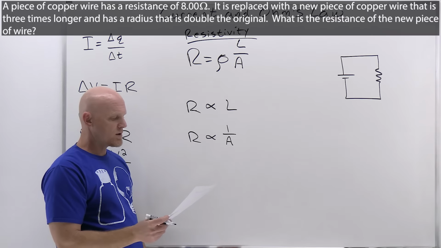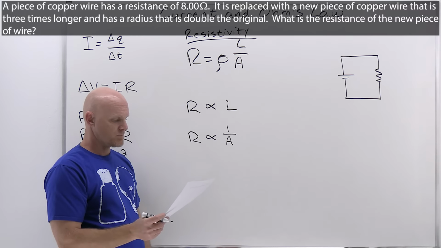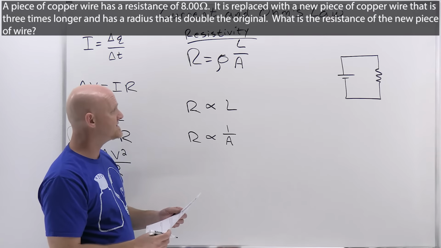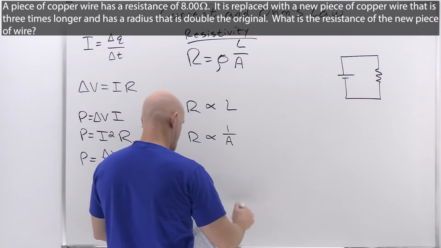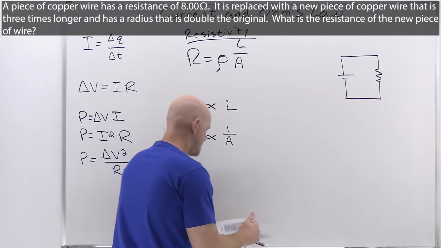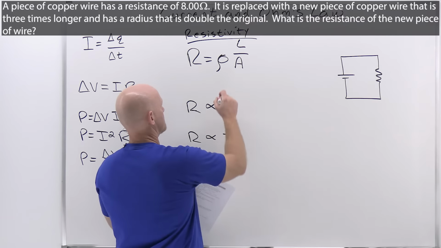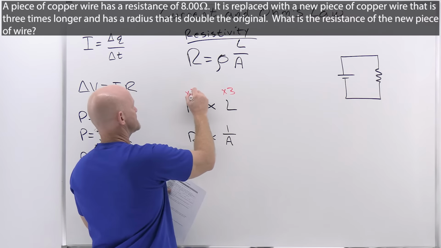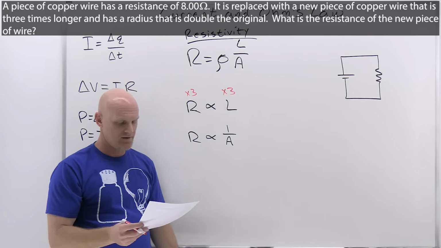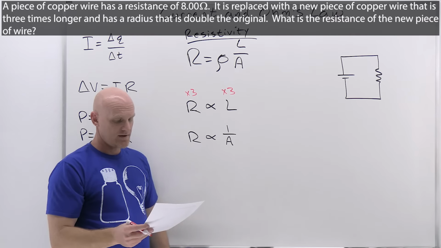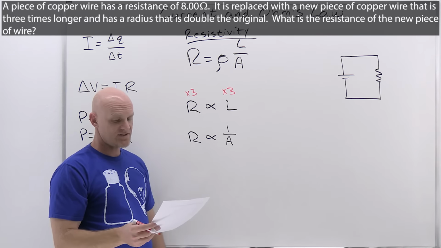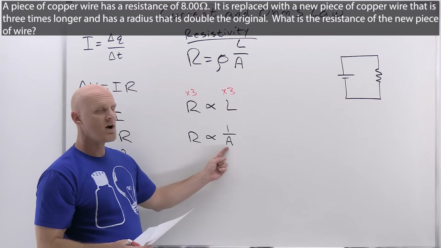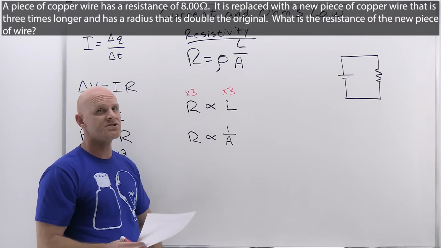And in this case, the original wire was 8 ohms for resistance. The new piece of copper wire is 3 times longer. So if we've got a wire that is 3 times longer, then that's going to increase the resistance by a factor of 3 as well. Now, we're also told that the radius of the wire is doubled. Well, we see cross-sectional area, we don't see radius, so don't just double it here.